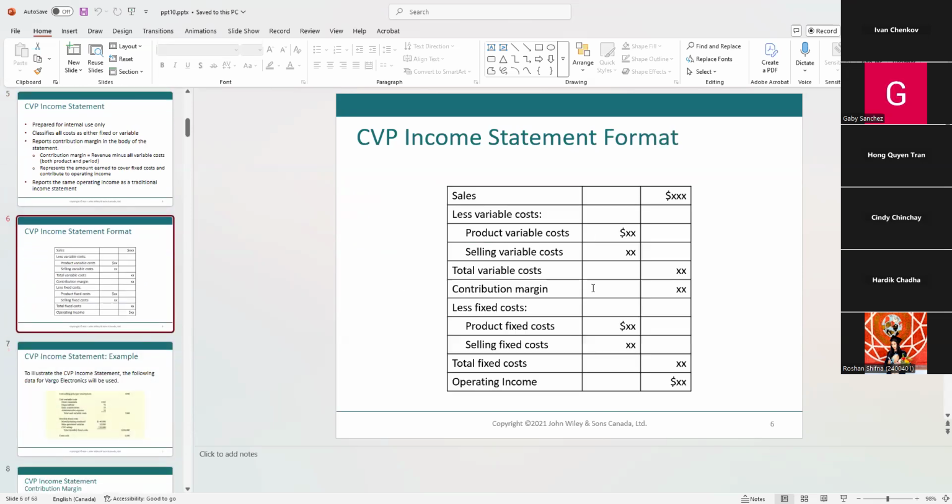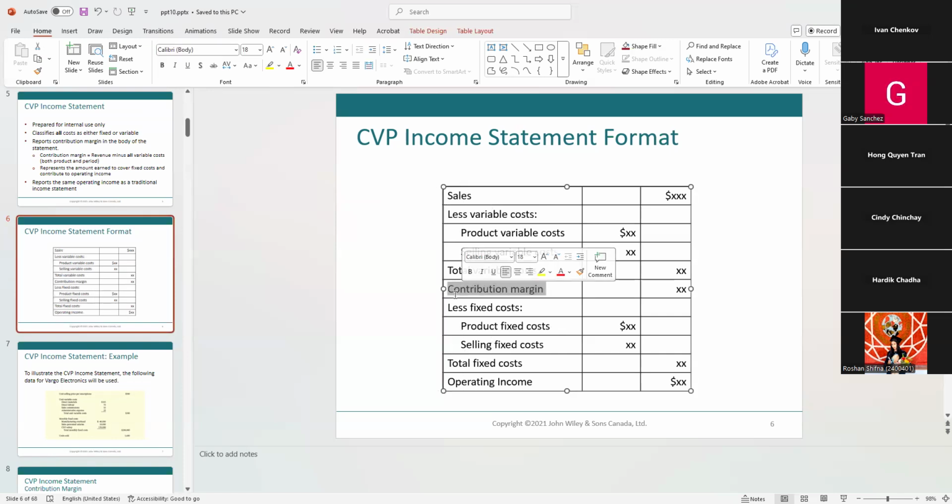Once you see the first calculation shown as contribution margin, you're looking at the contribution margin income statement. It has the sales, then the variable cost, after that the fixed cost, and the last thing is operating income.